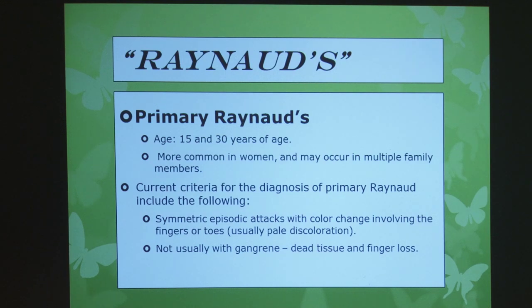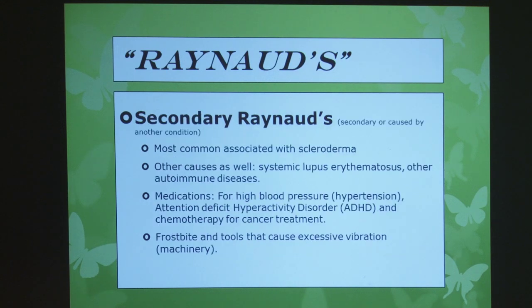That's followed by a bluish cyanotic tone, and then often a red rewarming. And of course, primary Raynaud's can be associated with gangrene, but scleroderma and secondary Raynaud's is where we usually see it. Again, it's not usually seen for gangrene in primary, but it can.